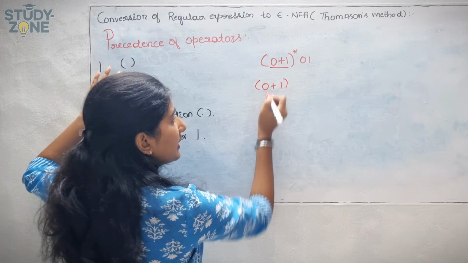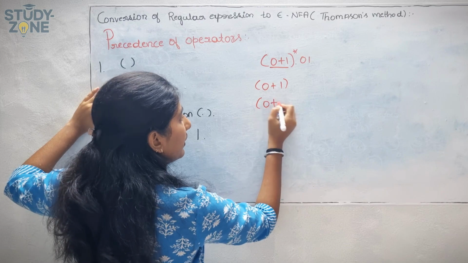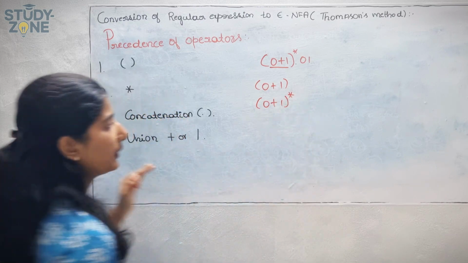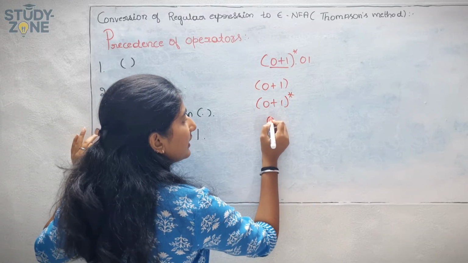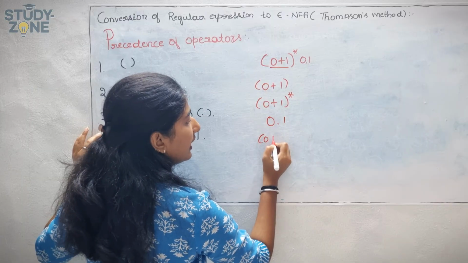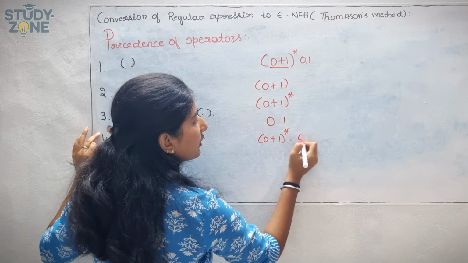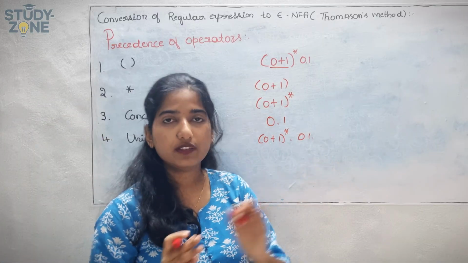You have to represent it schematically, and then closure, so you represent (0 plus 1) whole star, and then concatenation. You can write it like this also, 0 dot 1, right? Then you can solve (0 plus 1) star concatenated with 0 dot 1.